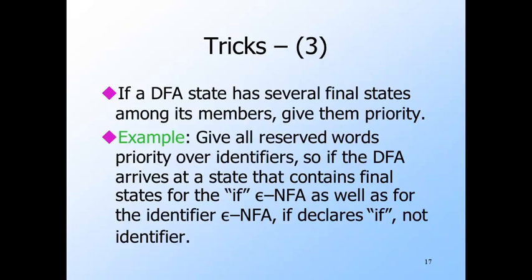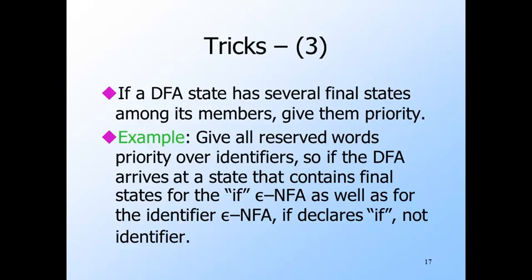We need to give the regular expressions an ordering, and this ordering determines the priority among actions. A typical ordering puts all the reserved words ahead of identifier, so that way, if the DFA discovers that the next token is if, it in principle does not know whether to execute the action for the reserved word if, or for identifiers, or both.